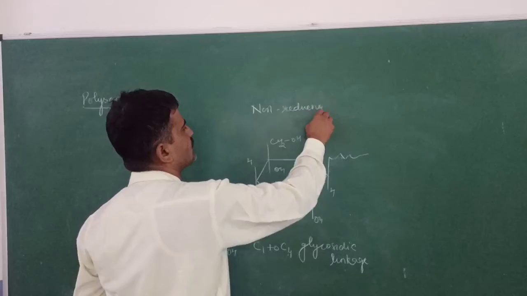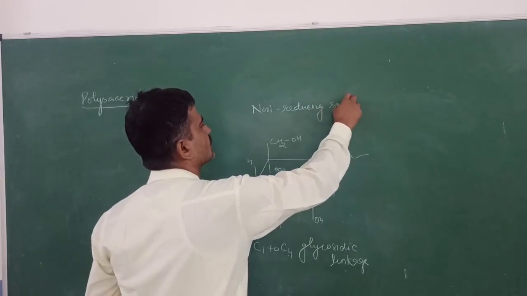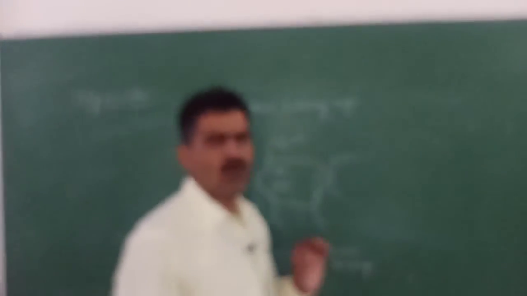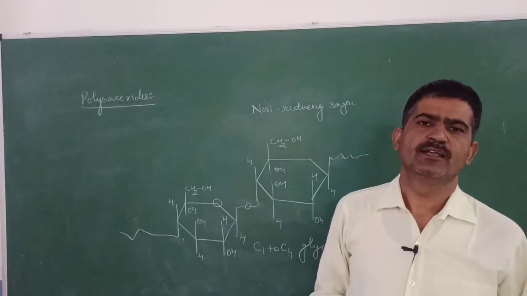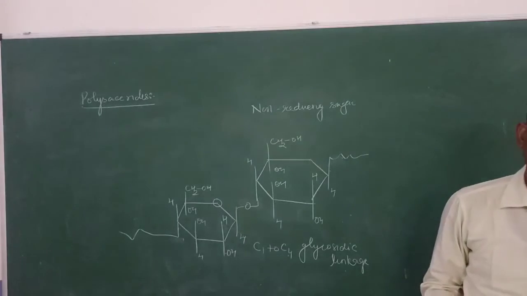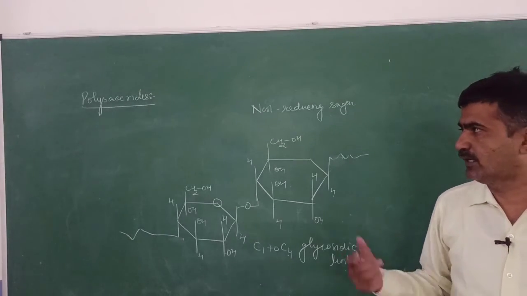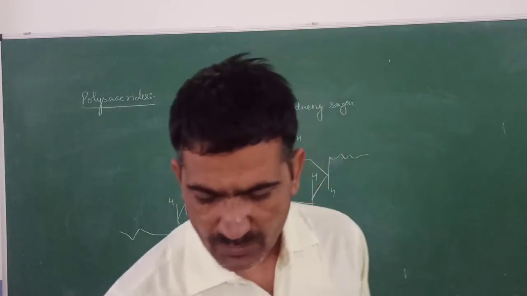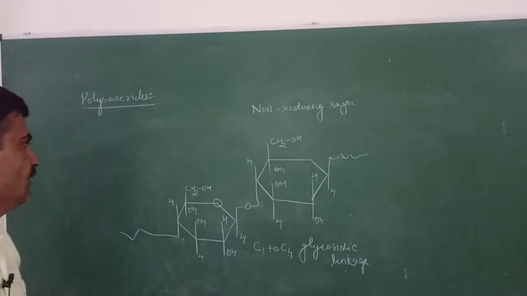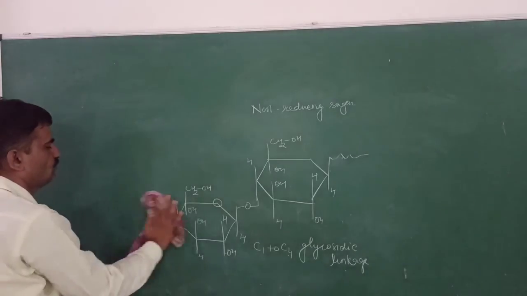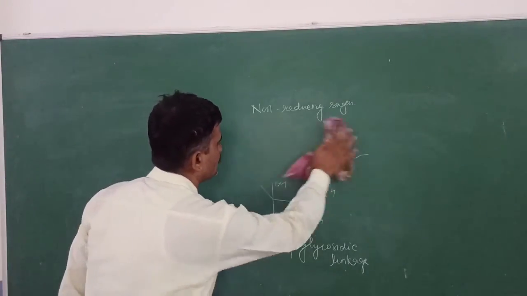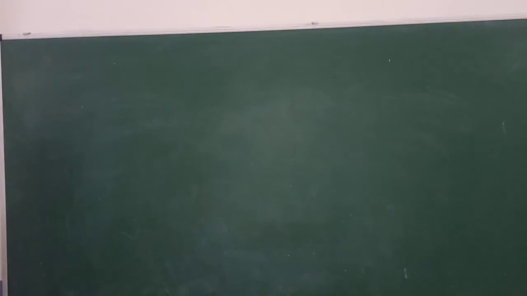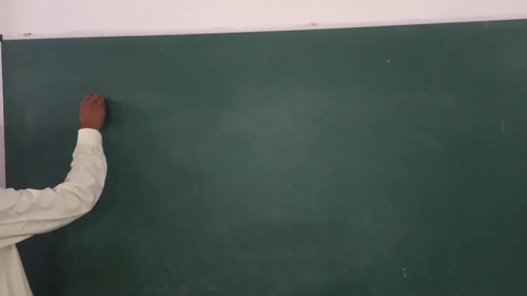Why is it a non-reducing sugar? Because the aldehyde group present at carbon number 1 is in a fused condition. It is not free. And the third type of polysaccharide is glycogen, and glycogen also has alpha D glucose units, and it has a similar structure to that of amylopectin.